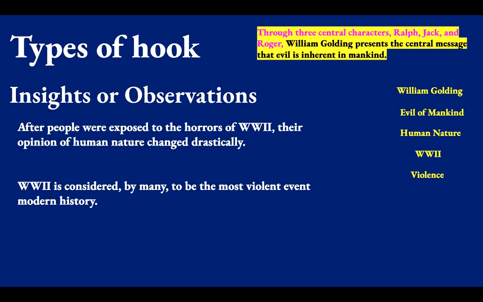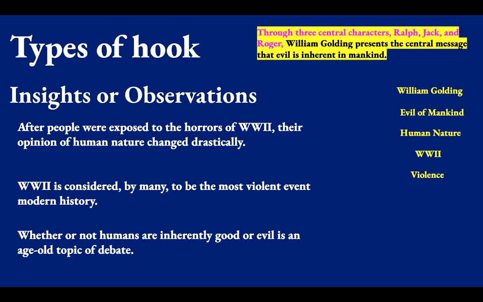Again, I can link this into violence, the violence of the characters, and the central message William Golding presents in Lord of the Flies, and World War II I can link to William Golding. Whether or not humans are inherently good or evil is an age-old topic of debate. Again, it's an insight that I found, and it's something that other readers will find quite interesting, that they would have probably seen something similar.